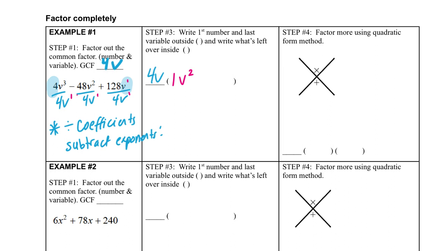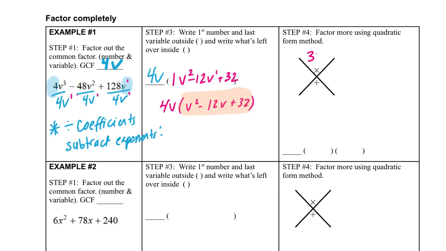Negative 48 divided by 4 is negative 12, and v squared minus v to the first is just v to the first, and then 128 divided by 4 is 32, and that v goes away, so I just don't need to write it. So I'm left with 4v times v squared minus 12v plus 32. And that, inside the parentheses, is what I am using to factor for this second problem.